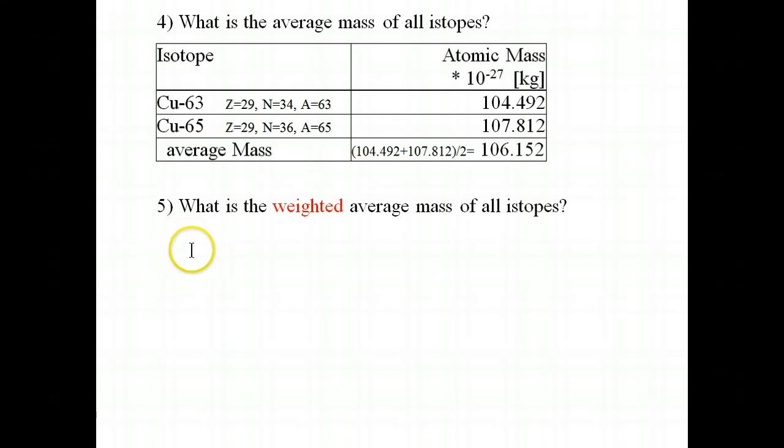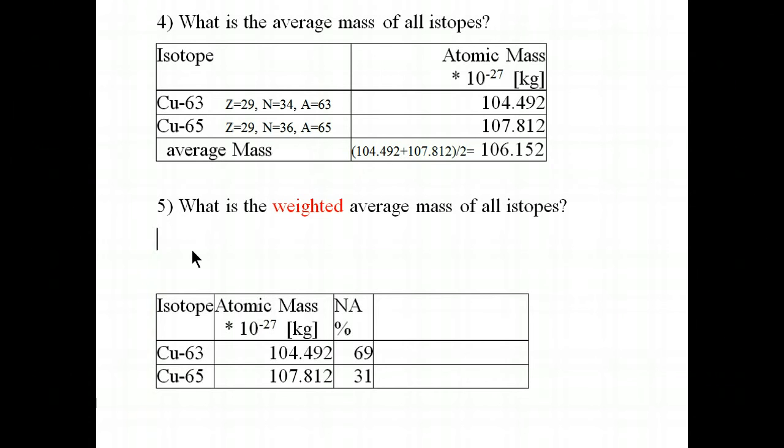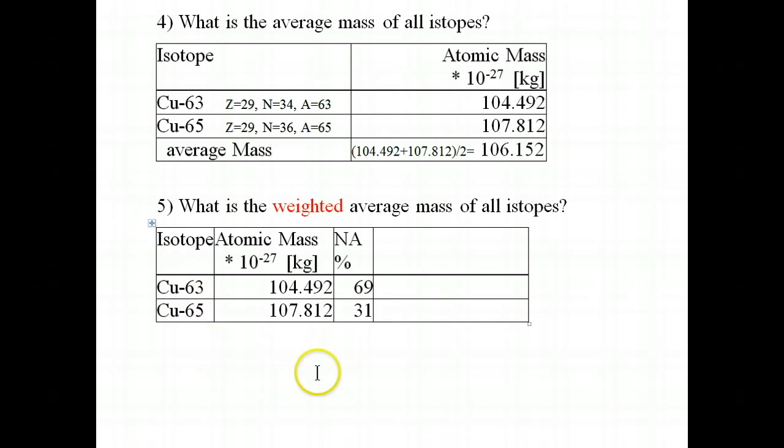However, in nature, we find that copper has a natural abundance that is different from 50% and 50%. So in nature, you find 69% of all the atoms are copper-63, and 31%, the remaining, are copper-65.